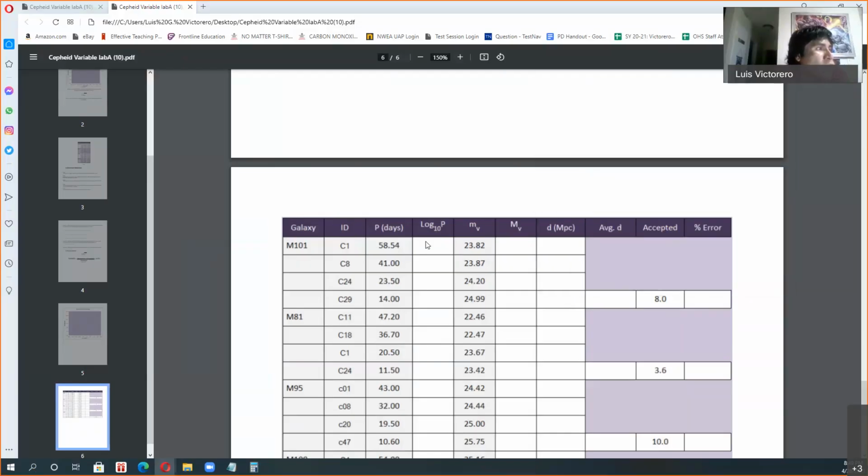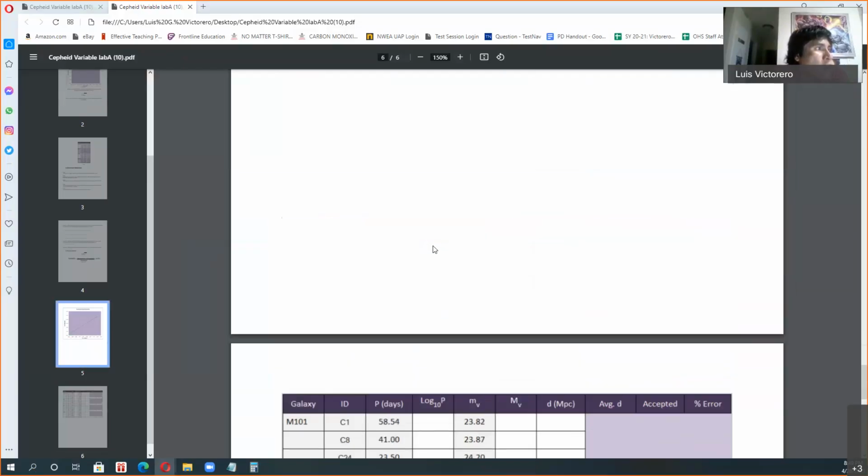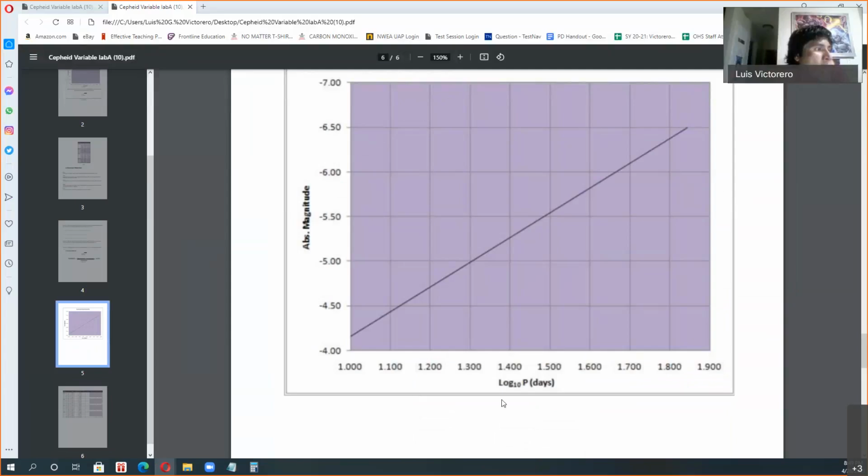Now, why do you need to take the log? Because the plot is in a log base, at least the x-axis. You're going to use the log of the period, 1.77 is around here, and you're going to use a ruler. I'm going to try to use a shape here to find the corresponding point for the absolute magnitude, which will be there.